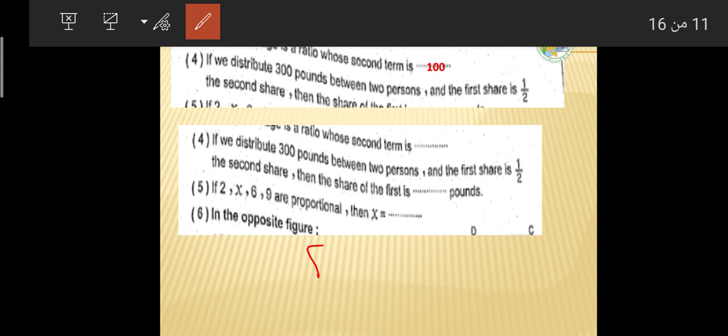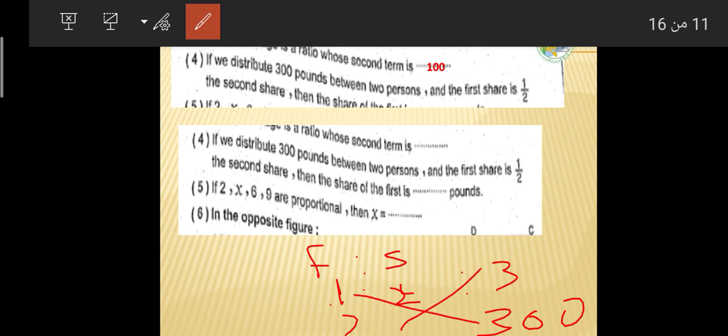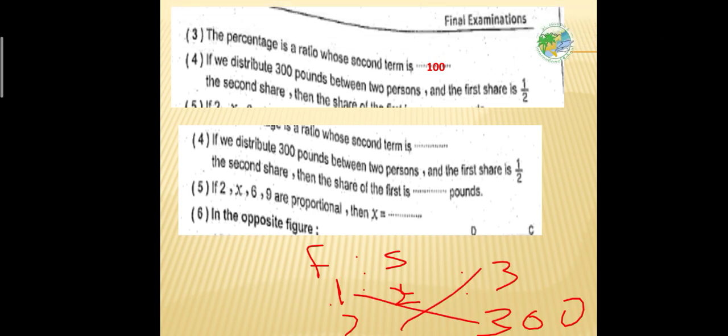We have first to second, 1 to 2, and distribute 300 between two persons. Then we sum the ratio between first and second, and 300. Then by cross multiplication, the share of the first, 300 times 1 over 3, of course, equal 100.